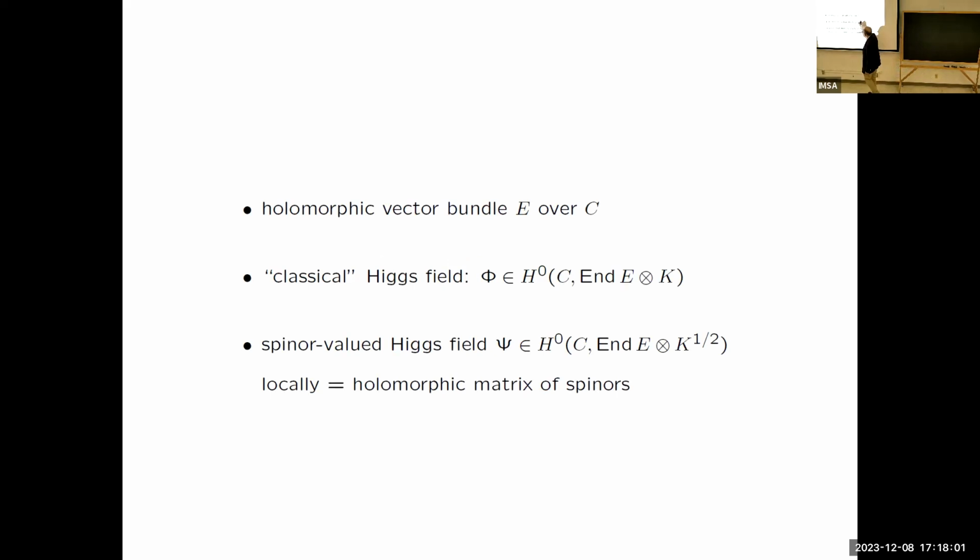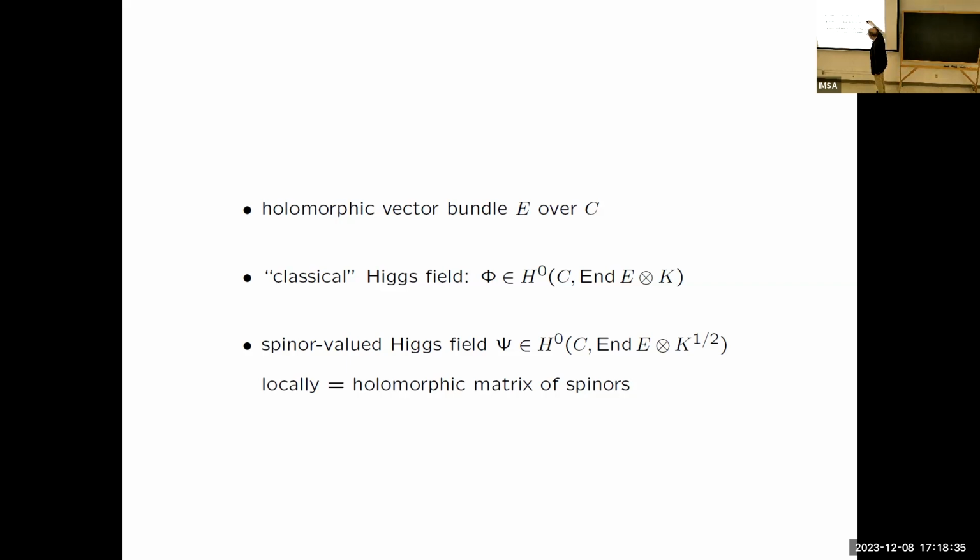So now we introduce a holomorphic vector bundle V. And then what's now being called a classical Higgs field, which developed about 35 years ago, is to consider a holomorphic section of not the canonical bundle, but the canonical bundle tensor the endomorphisms of V. So this is, if you like, a locally holomorphic matrix-valued differential.